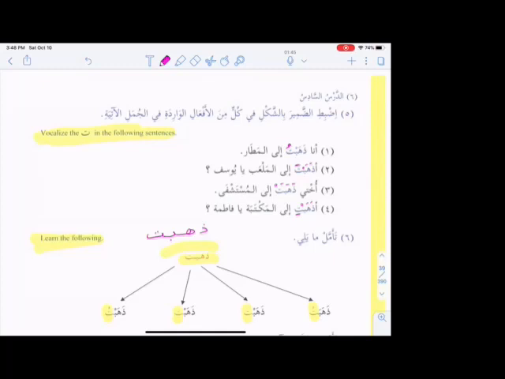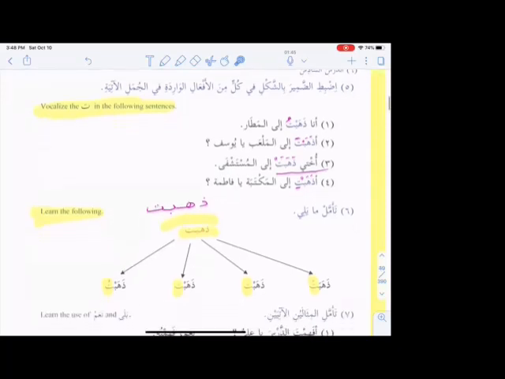Anta zahabta. Ukhti zahabat. See here, ukhti zahabat. And then anti, ya Fatima, anti, it became zahabti.